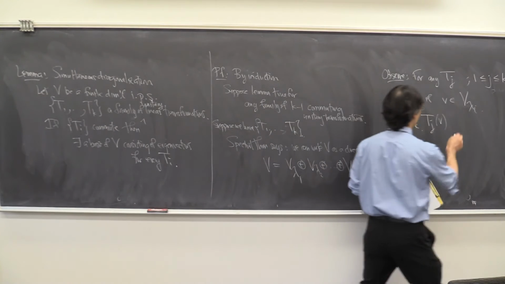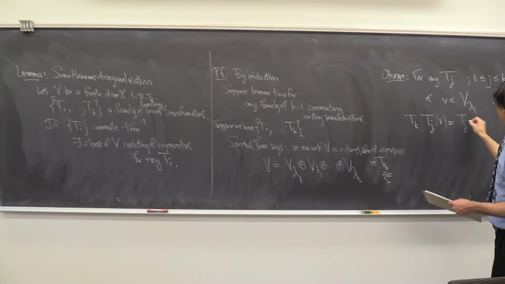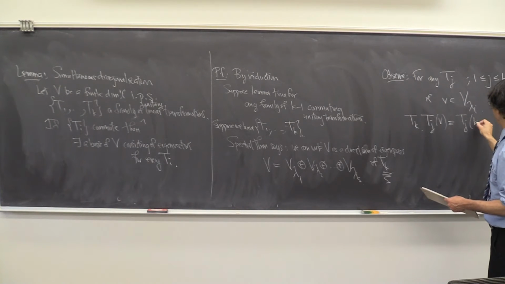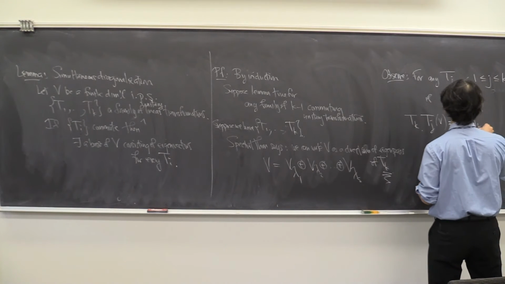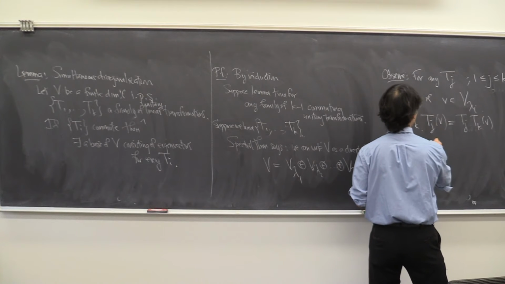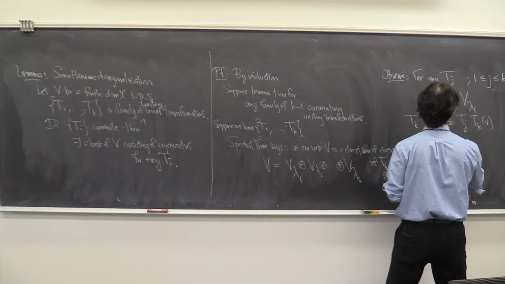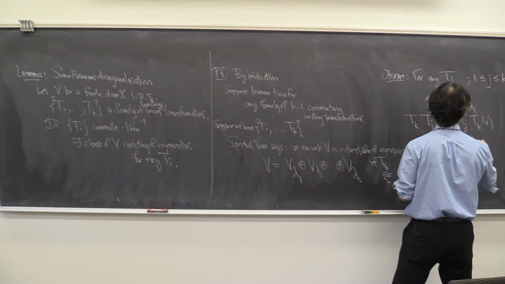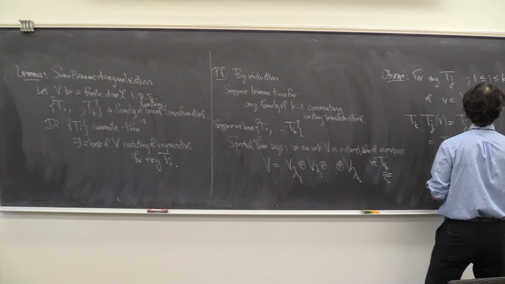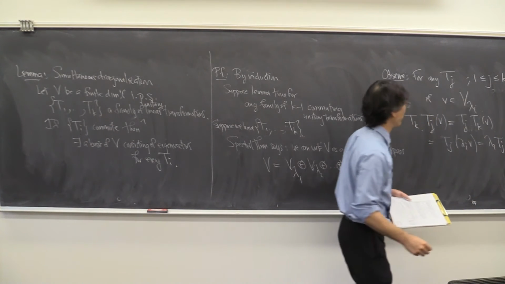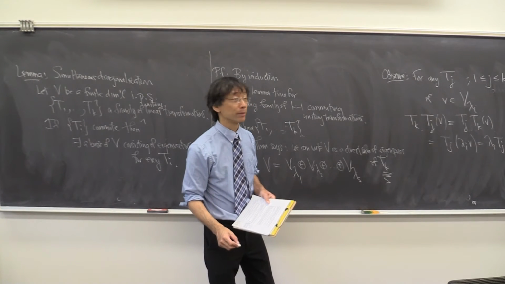Well, commutation says that Tk of Tj of v is going to be Tj of Tk of v, right? But that's going to give us Tj of lambda i v, which is just lambda i Tj v.